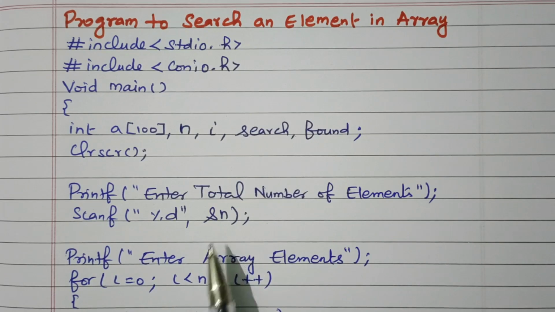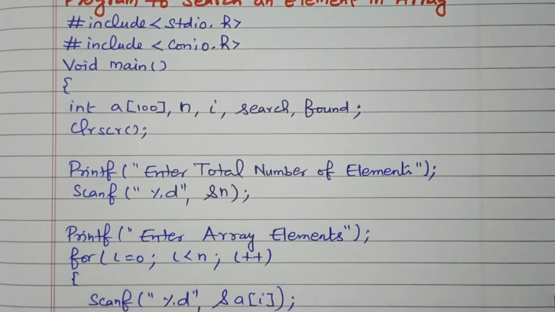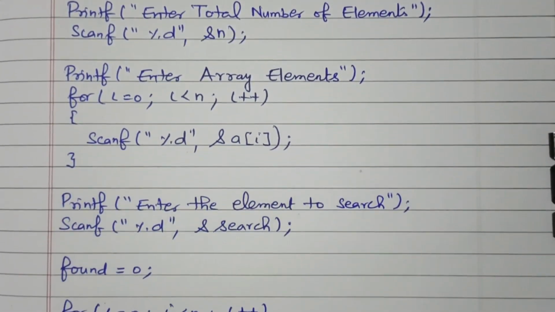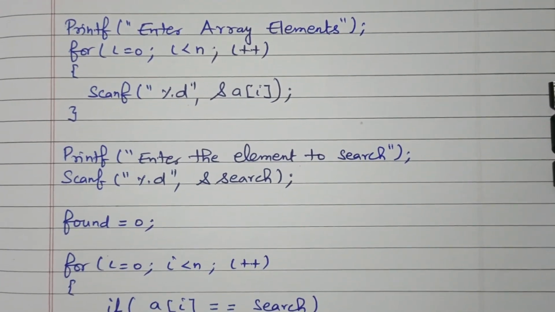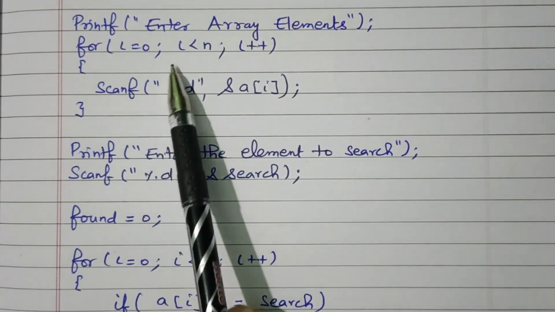Now we'll get the elements one by one. For that we need to open one for loop. So now we ask the user to enter the array elements.